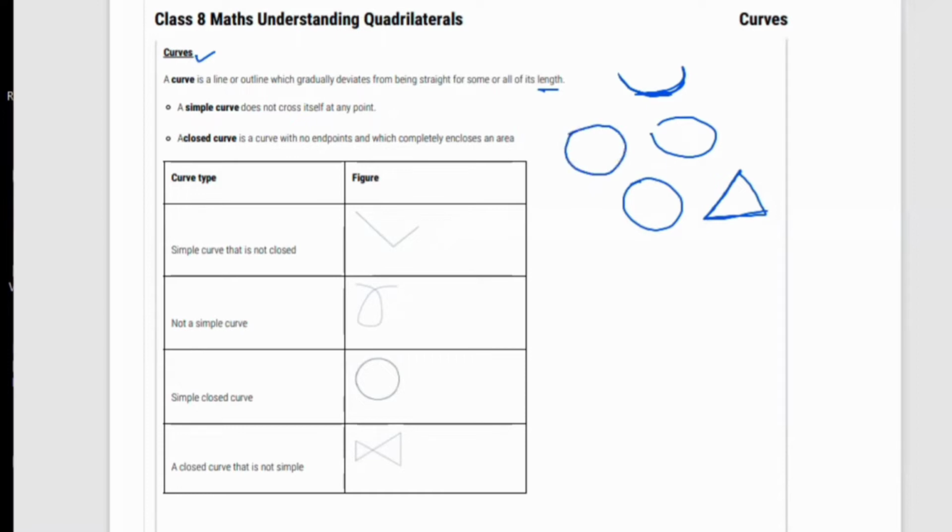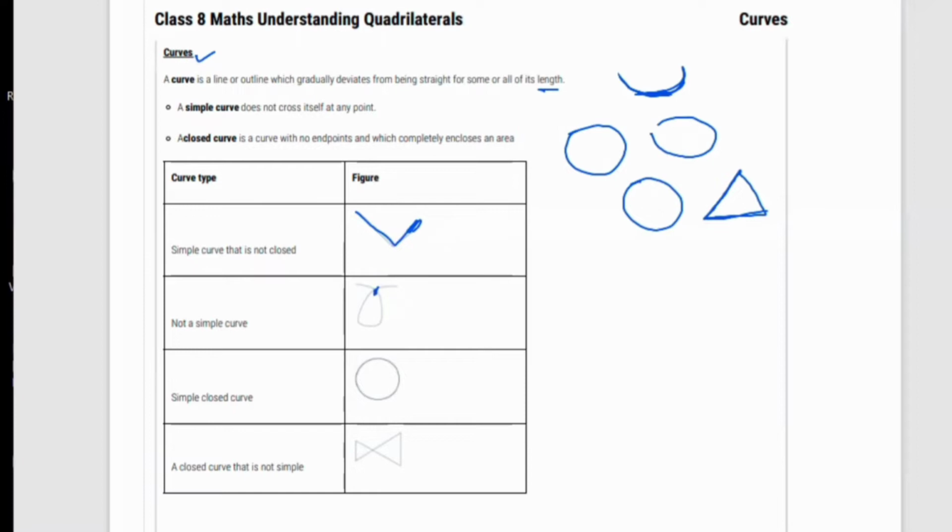Now some types of curves and figures. Simple curve that is not closed. See, this started from here, but is not closed. It is an open curve. Next, not a simple curve. See, it intersected at one point, so it is not a simple curve.